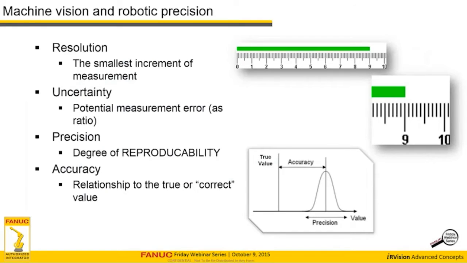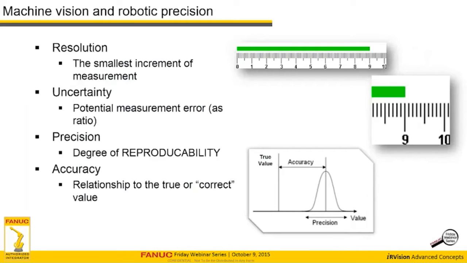First of all, resolution. Resolution is the smallest increment of measurement in our system. If it's a machine vision system, the smallest increment of measurement might be dictated as a pixel or the real-world representation of a pixel. Uncertainty is the measurement error.